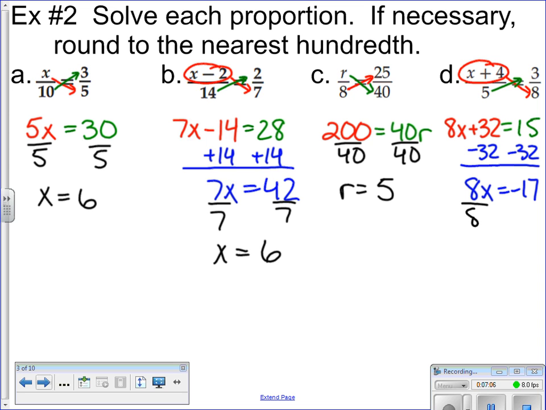Divide by 8. And if you want to write the decimal, that would be negative 2.125, or the fraction cannot be reduced, negative 17 over 8. So keep in mind that it is possible to get decimal answers because you do have the use of a calculator. All right, well, this finishes up 2.6.